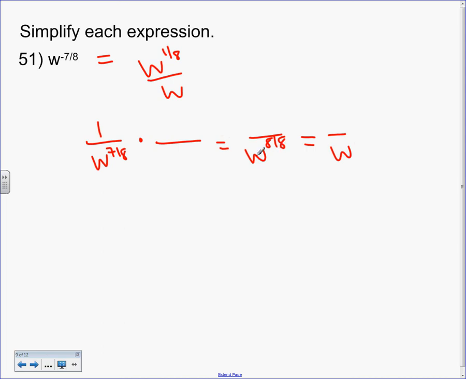So if I want 8 over 8 and I have 7 over 8, when I multiply I add exponents, so I need 1 more over 8 to make that happen. And what you do to the bottom, you have to do to the top. And I just filled it in on all the numerators because I didn't need it anymore. So w to the 1 over 8 over w. There's nothing else you can do. Is that okay? Okay.